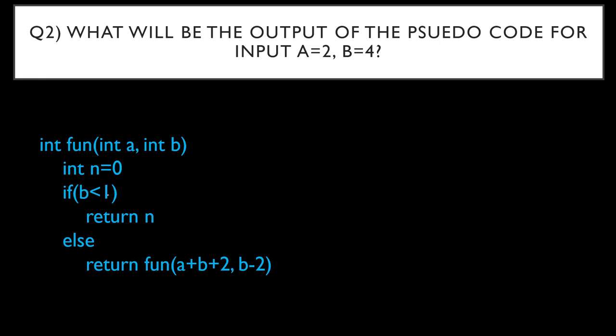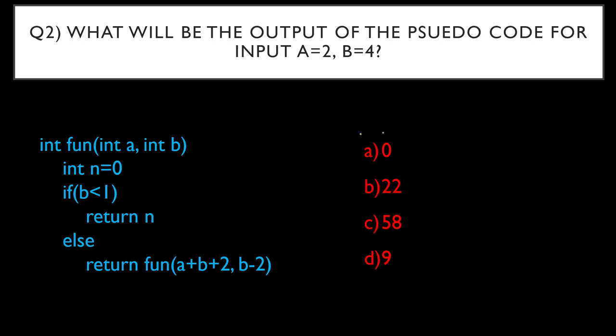If B is less than 1, then return n. Else return fun of A plus B plus 2, comma B minus 2. This is also recursive. So option A is 0, option B is 22, option C is 58, and option D is 9.